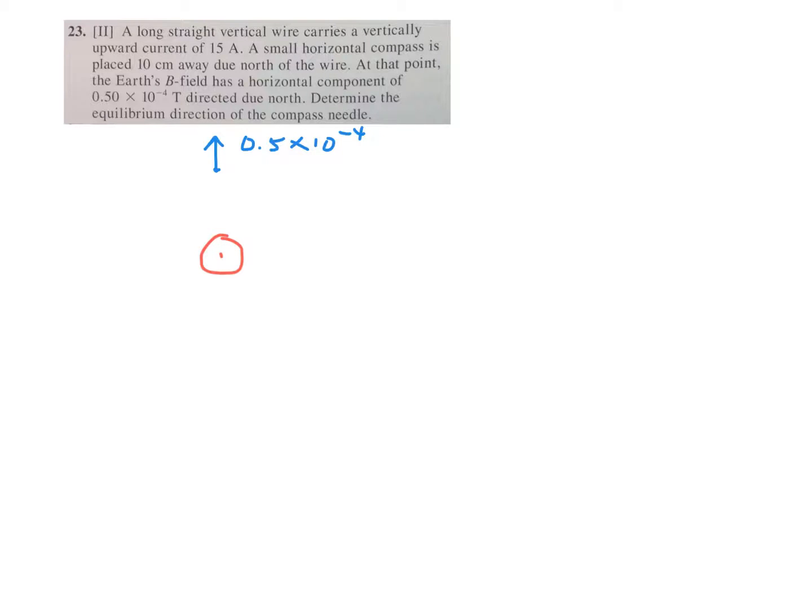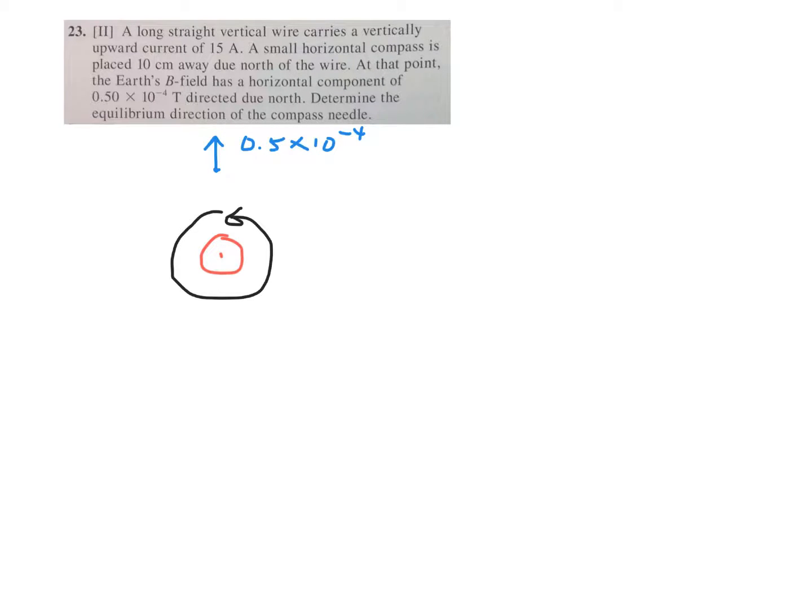Now, using the right-hand rule for the wire, the magnetic field created by the wire itself is counterclockwise around this wire. I wouldn't normally draw this, but as we go closer to the wire, this black circle would represent the magnetic field around that wire.